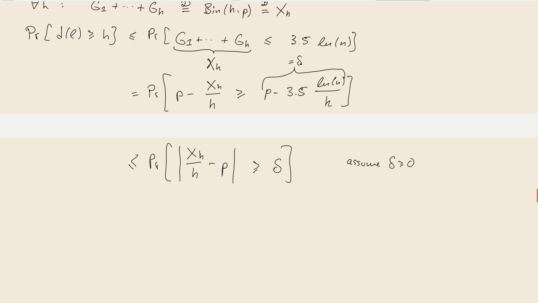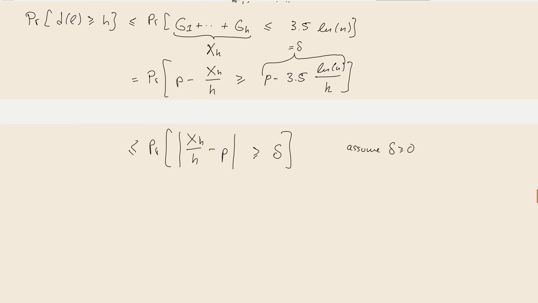And we will later have to check that for the values h that we use, this is actually fulfilled. And if we assume that this is true, then we can use this Chernoff bound from above, which had exactly this form. Only that this was n, but now the parameter of the binomial distribution is h instead of n.